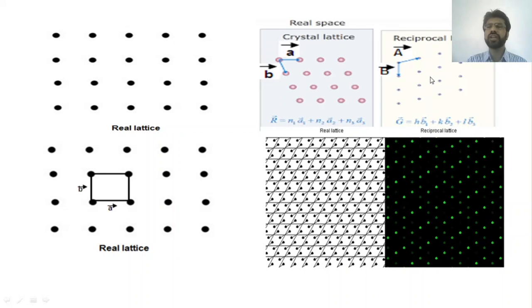But now in case of the reciprocal lattice, we are getting the reciprocal lattice vector equal to h1 b1 plus h2 b2 plus l b3. So here the reciprocal lattice gets expressed in terms of the HKL.